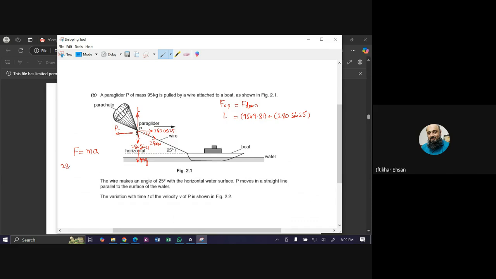So 280 times cos 25 degree is larger, and larger force minus smaller force will be equal to ma. And what is the value of m? And acceleration is 1.4. Will you be able to calculate R?